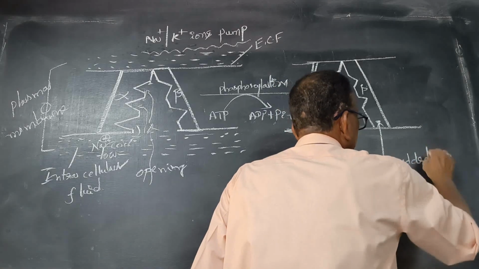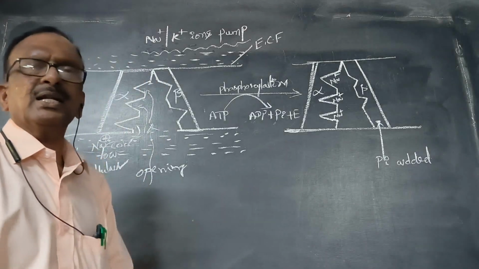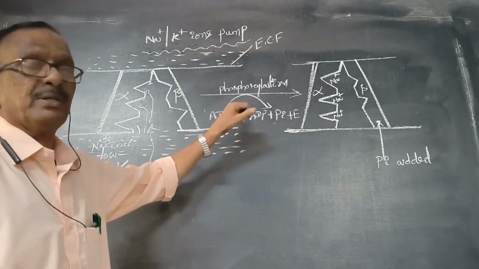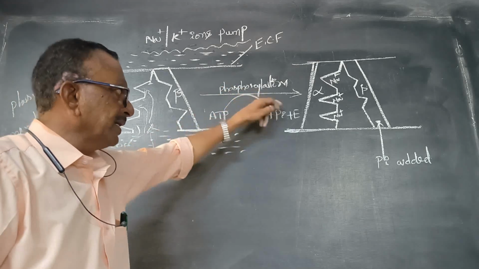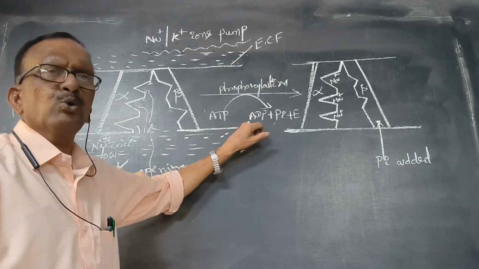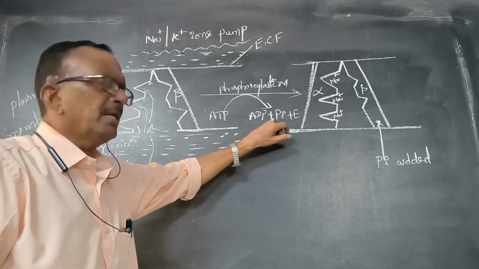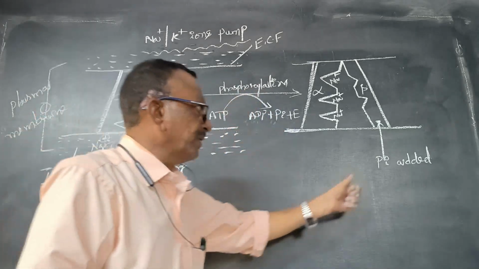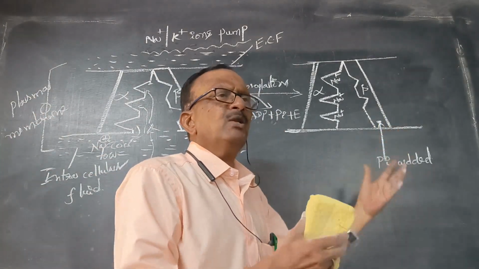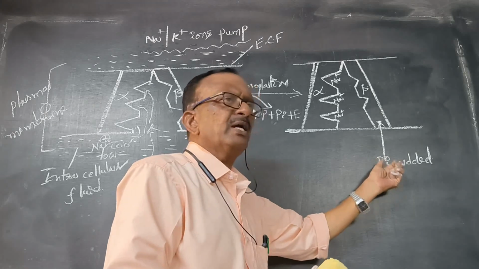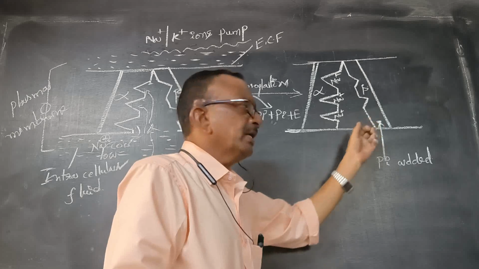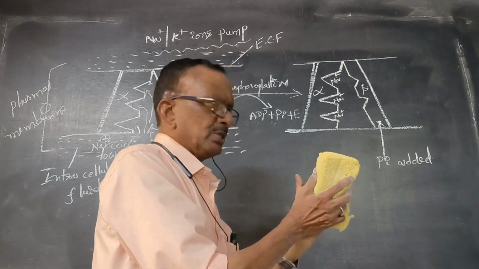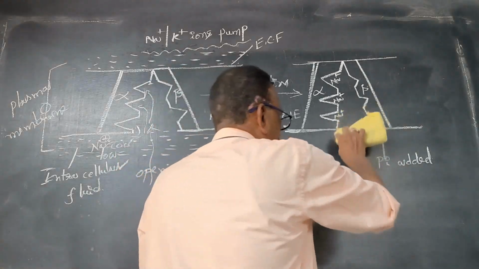And from where do we get that inorganic phosphate? From ATP. ATP will disintegrate, releasing energy, and it is converted into adenosine diphosphate and inorganic phosphate. That phosphate will attach to this one. Then what happens? When the inorganic phosphate is attached to the beta unit, it will close that opening. So this is the opening we have.